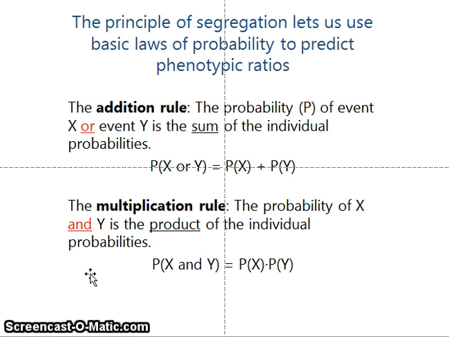So if I wanted to estimate the probability that I would get an A in genetics and an A in organic chemistry, you would have to multiply those probabilities. Mathematically, probabilities are always expressed as a fraction between 0 and 1. They're either 1 or they're less than 1.